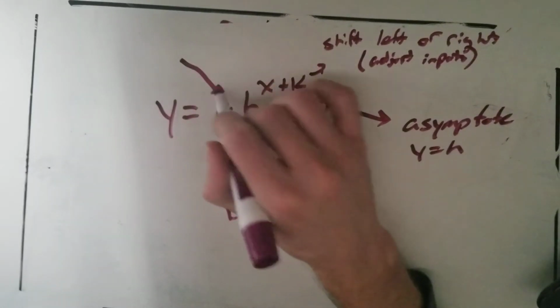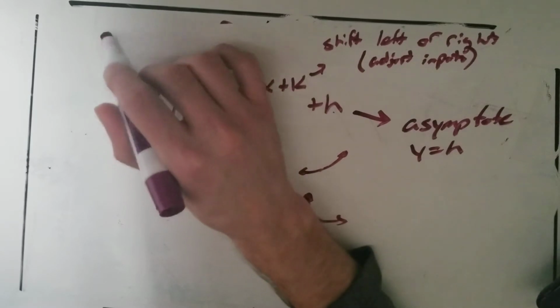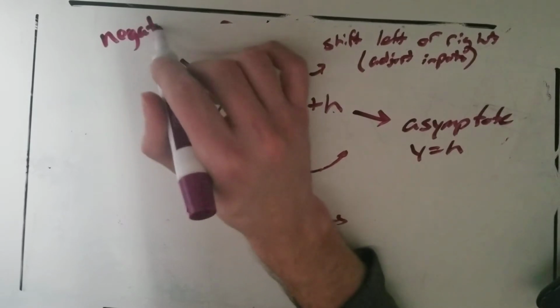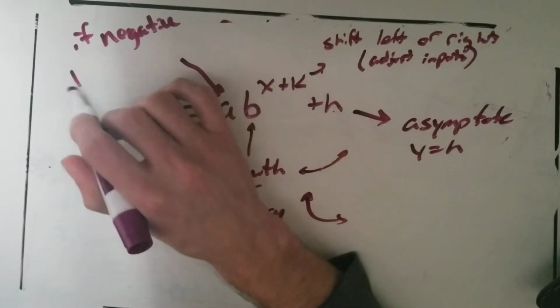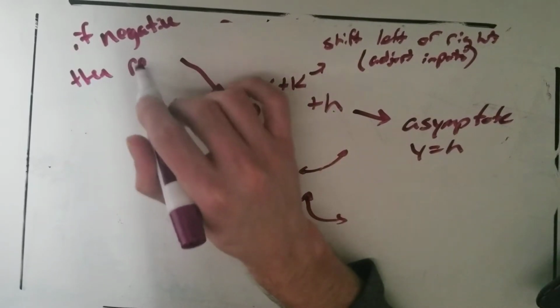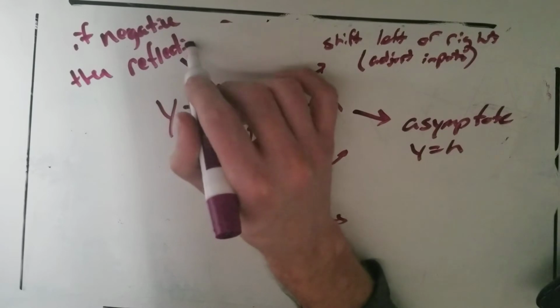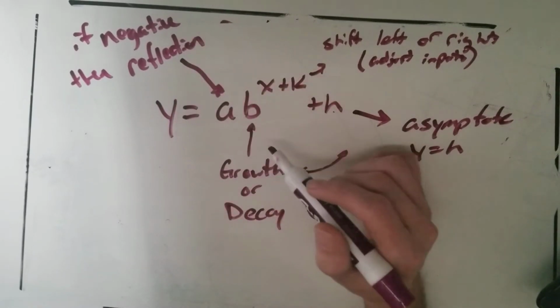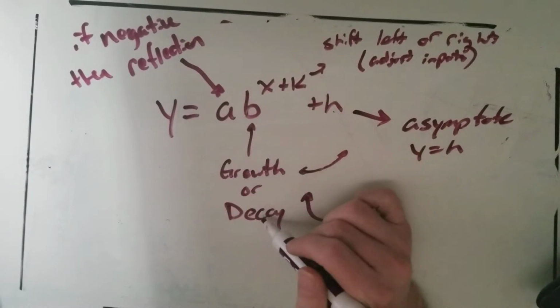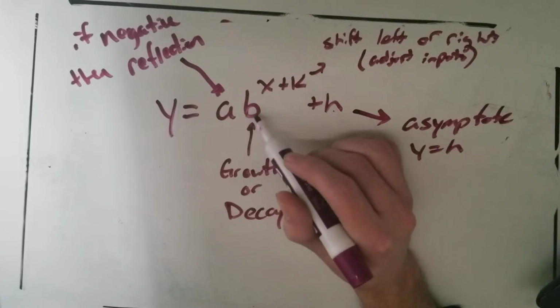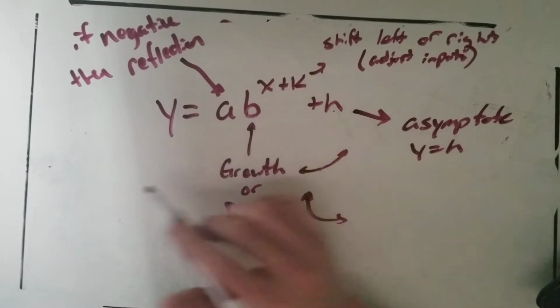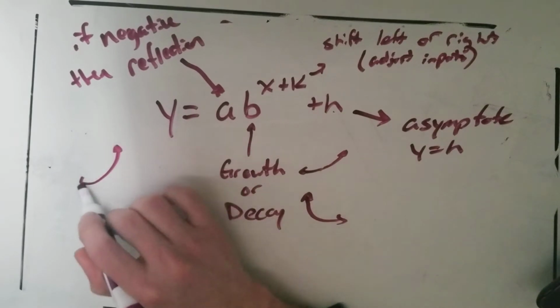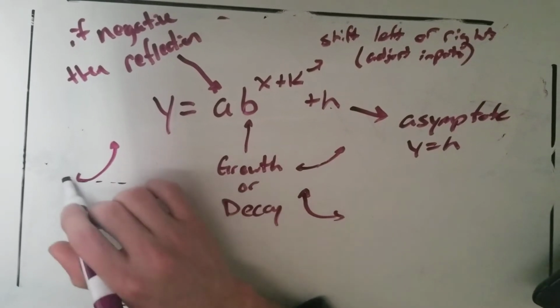And A, we're not going to focus too much on, but if A is negative, then we have a reflection. A reflection is going to resemble either the growth or decay. So if you have a growth, let's say B is 2, and you have a negative 3 in front, it's going to look like a growth, but it's going to reflect over that asymptote, wherever the asymptote is.